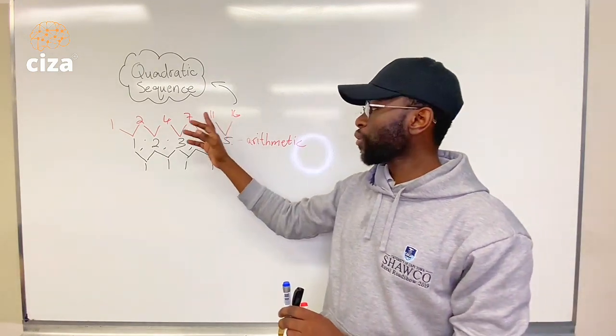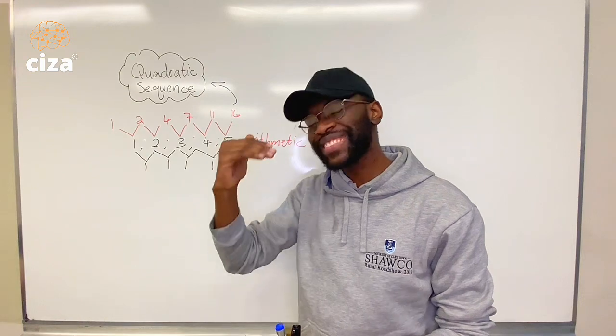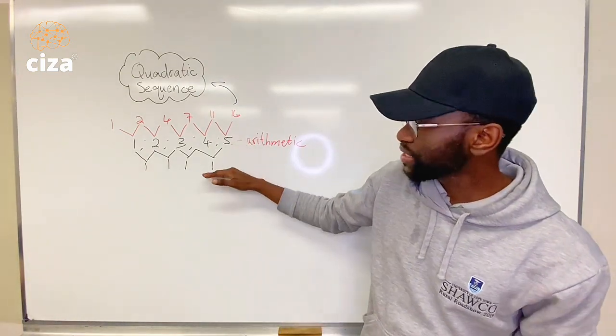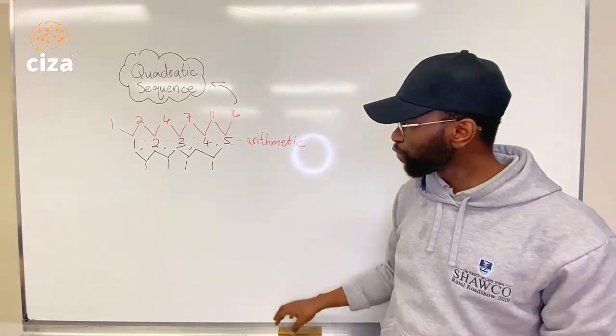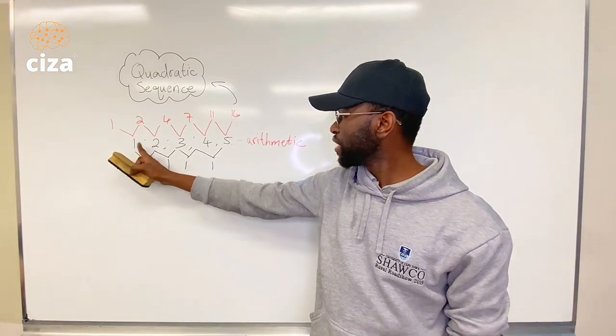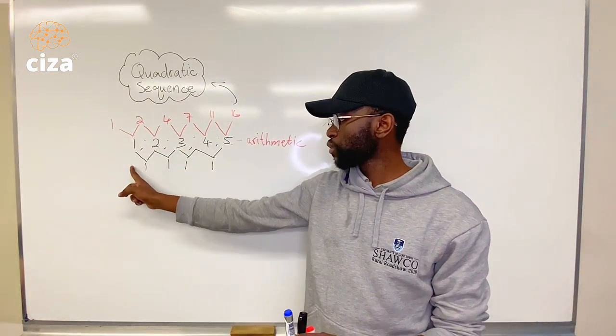Now, in any quadratic sequence, the first difference will be arithmetic, and then the second difference will be common. If we were just dealing with the arithmetic sequence, then the first difference would be common.